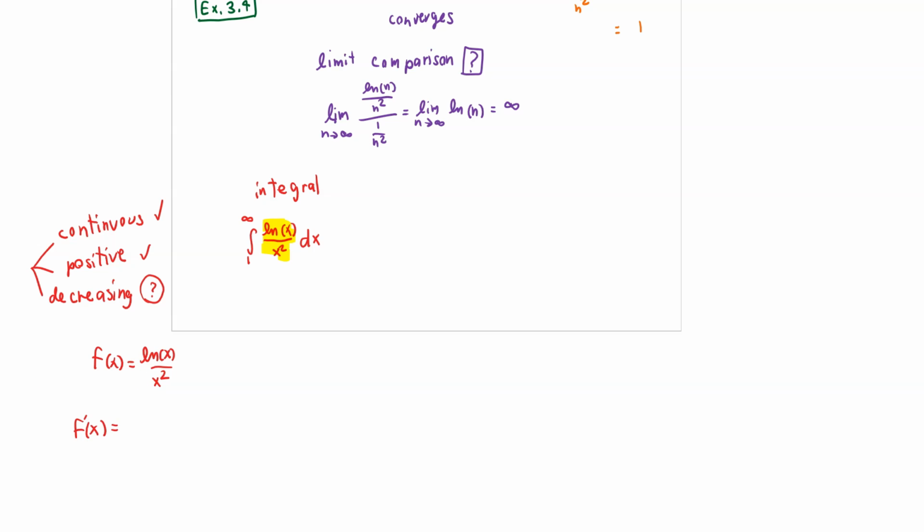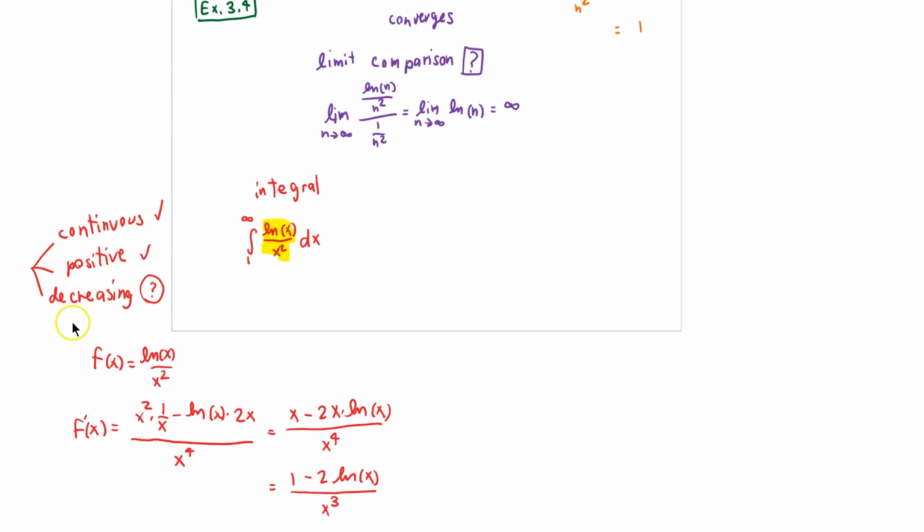The derivative is going to be the bottom times the derivative of the top minus the top times the derivative of the bottom, the whole thing over bottom squared. Bottom squared is x squared squared, so that's going to be x to the 4th. Now this gives me x minus 2x times log of x, the whole thing over x to the 4th. So this is going to be 1 minus 2 log of x over x cubed.